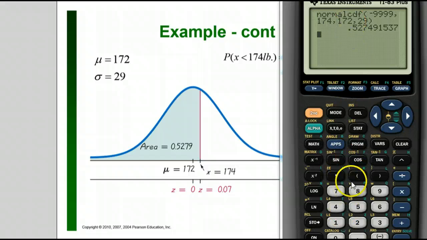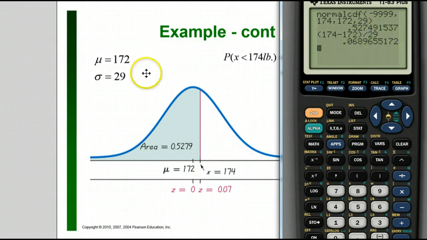If you actually compute the z-score, 174 minus the mean of 172 divided by the standard deviation of 29, it's not just 0.07, it's 0.0689. So it's a little bit to the left of that 0.07. So we don't have as much area as we're saying when we rounded it.